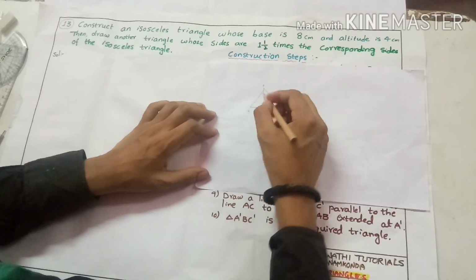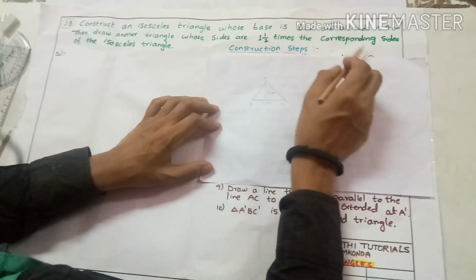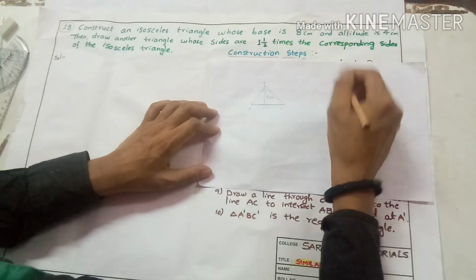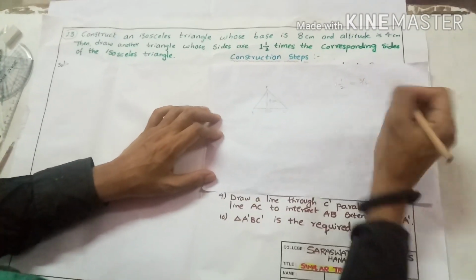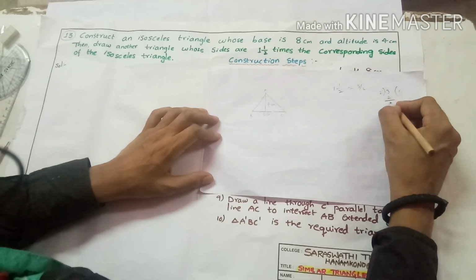The required triangle has sides 1/2 times the corresponding sides of the isosceles triangle.